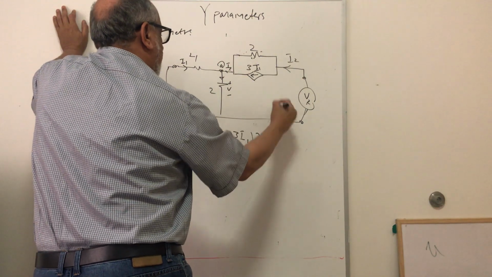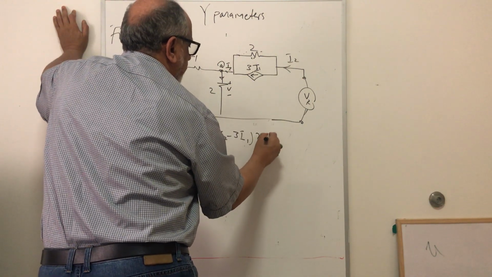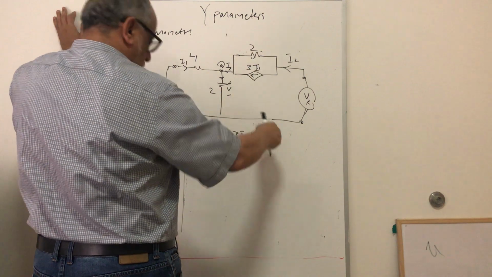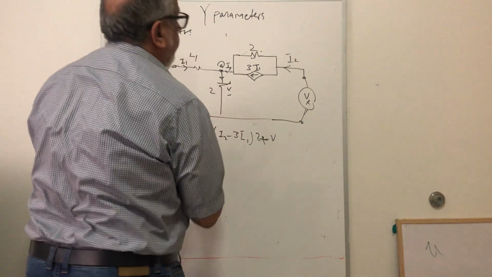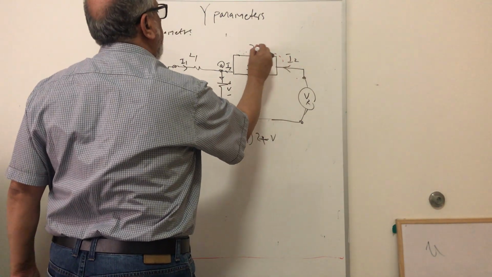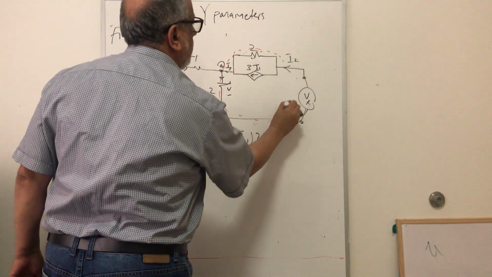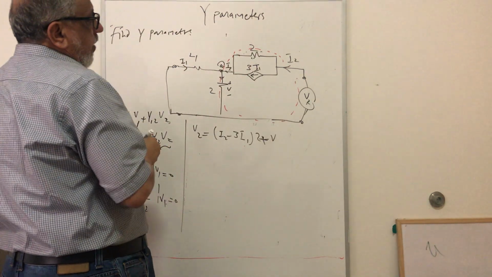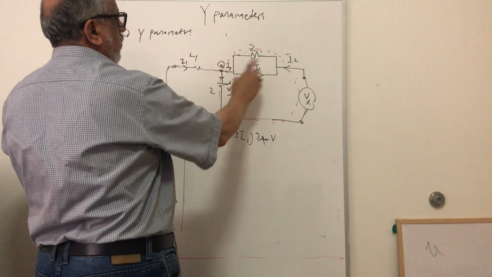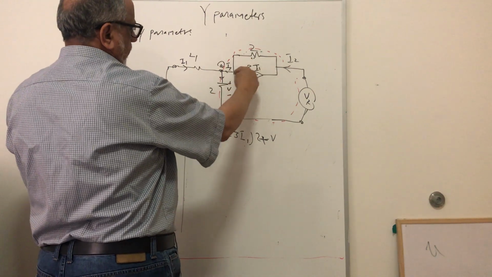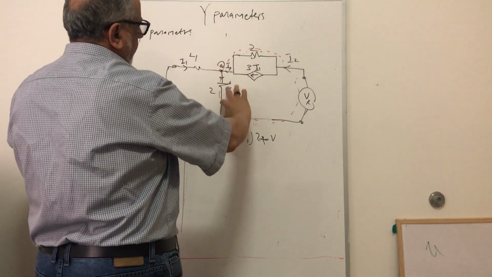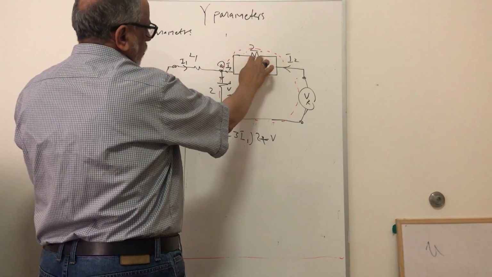So you can use the loop here, plus V, plus V. So this is the loop, which is this loop here. So we can go around this loop here, right? So V2 is equal to this volt plus this volt. This volt is V, right? But we have 2 times the current here.